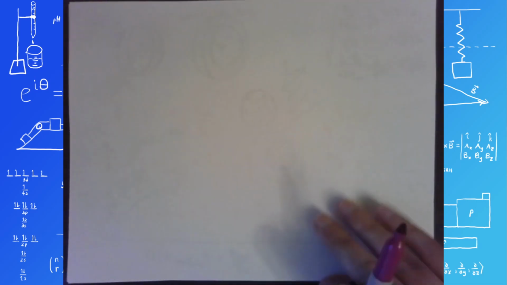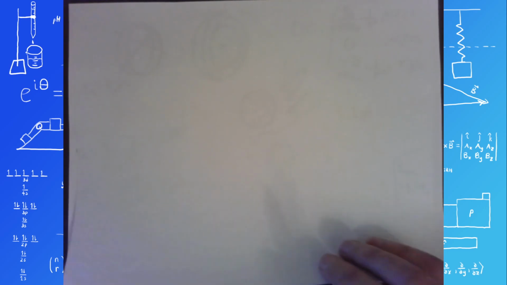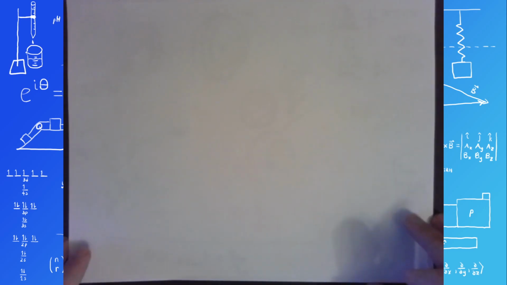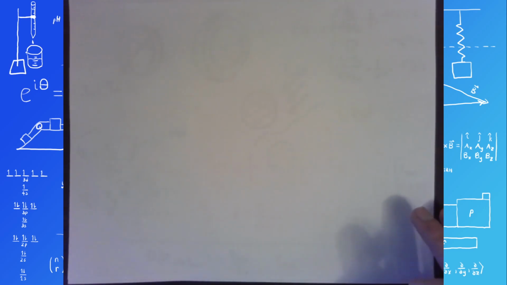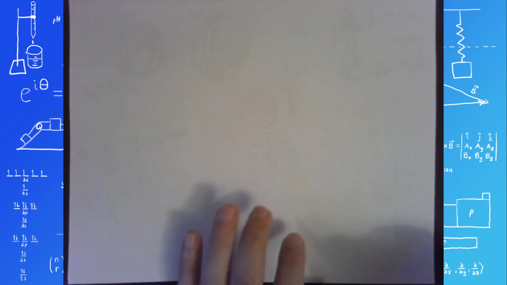Okay, so last time we had a spherical shell with a point charge inside it, and it was a conducting sphere. So this time I'm going to do pretty much the same thing.